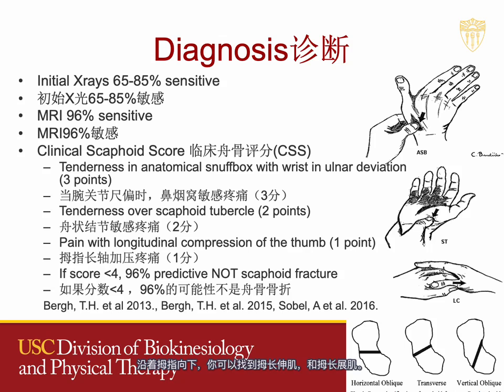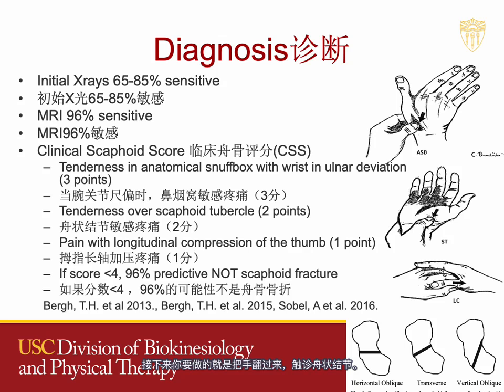You come down from the thumb and find the extensor pollicis longus and the abductor pollicis brevis and longus, and you go in between them, and there's a little hole. If you put the patient into ulnar deviation, you're putting that area on a little bit of stretch, and you palpate in there, and if they say, oh yeah, that's tender, there's the definite possibility of a scaphoid fracture, and so that one gets 3 points.